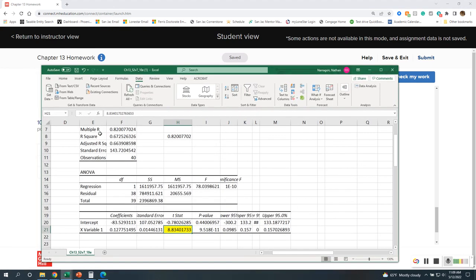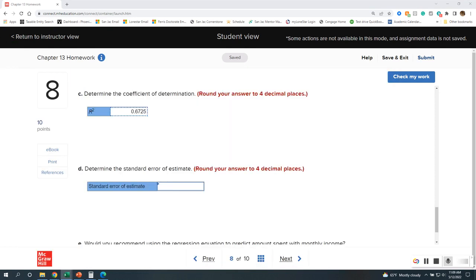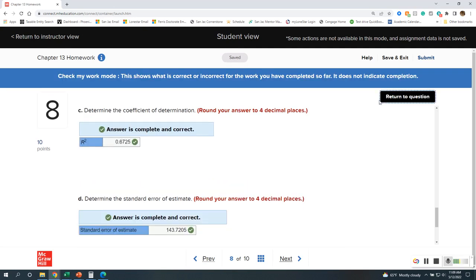This is the one thing I like when software works for us. So here's our R squared, and then here's our standard error. 143.7205. Again, I'm going to check on both of these at once. There they are.